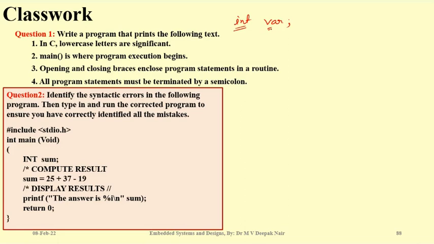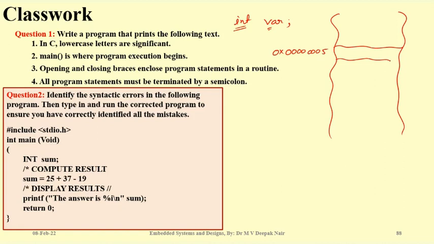So whenever we declare a variable, what is happening in the memory? First thing is that every variable will be allocated some memory. For example, 0x005. Assume this is the location which is allotted to variable var.